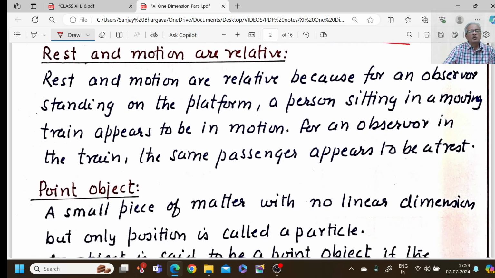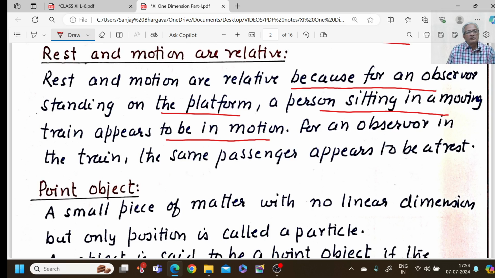Remember, rest and motion are always relative, because for an observer standing on the platform, a person sitting in a moving train appears to be in the state of motion. So if the observer is standing on the platform and he watches a person sitting inside a moving train, then the person appears to be in the state of motion.